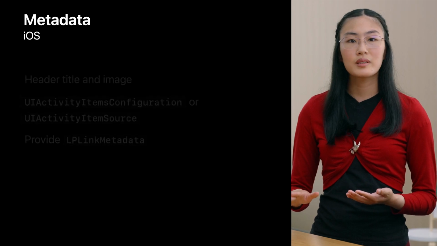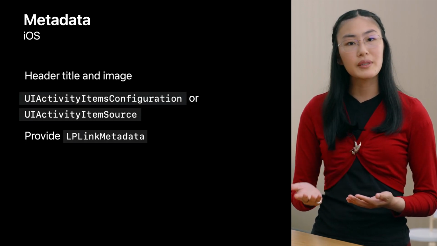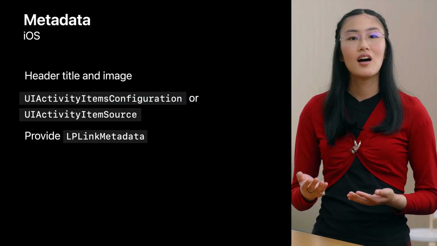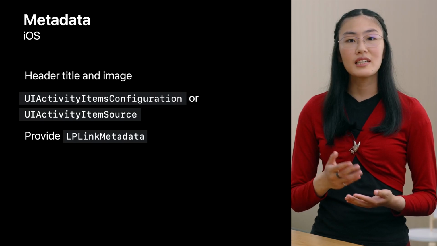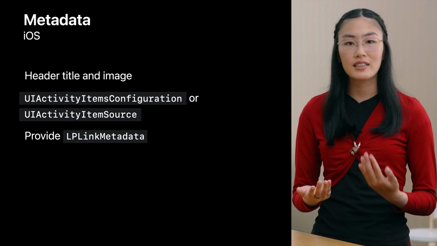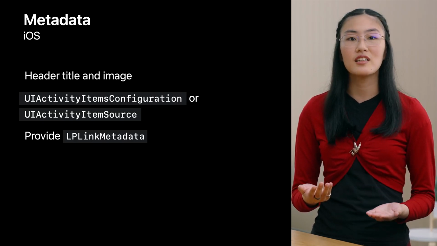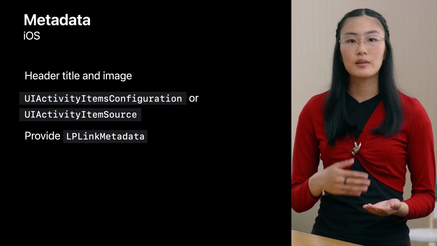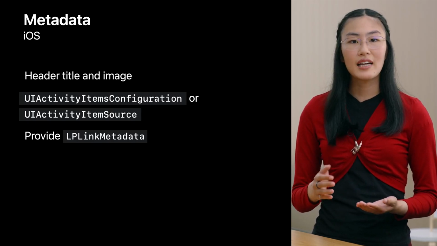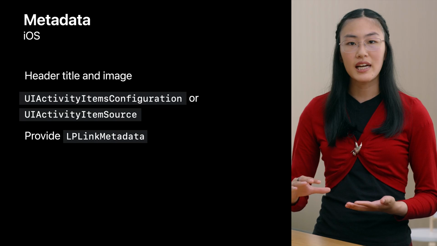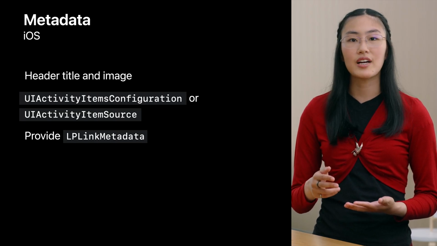CloudKit adopters will need to take an extra step to provide a title and image for the headers. On iOS, use existing APIs such as UIActivityItemsConfiguration or UIActivityItemsSource to provide an LPLinkMetadata object with a title and image provider.